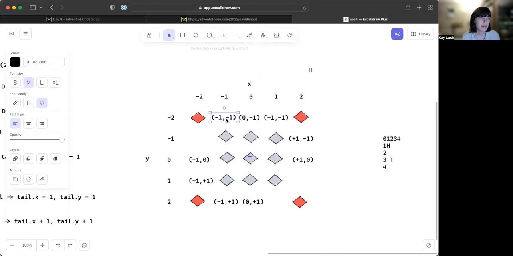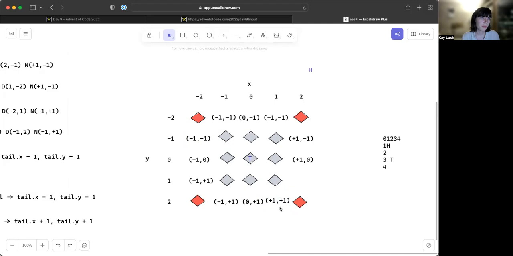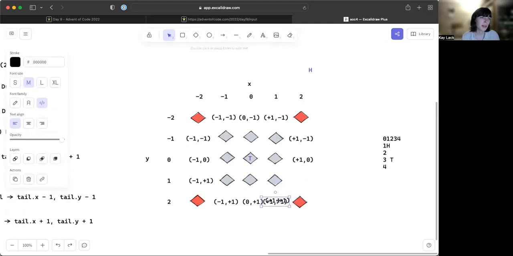If it's here, it's going to have to move -1, same. And if it's here, it's going to have to move +1, +1. And if it's here, it's going to be the same thing, +1, +1.